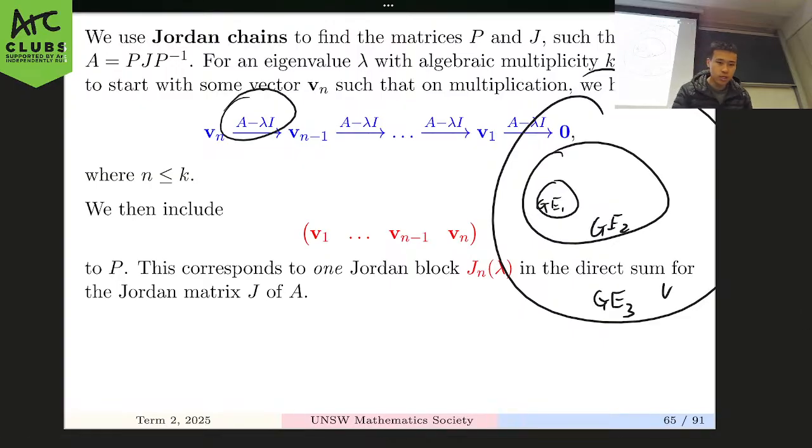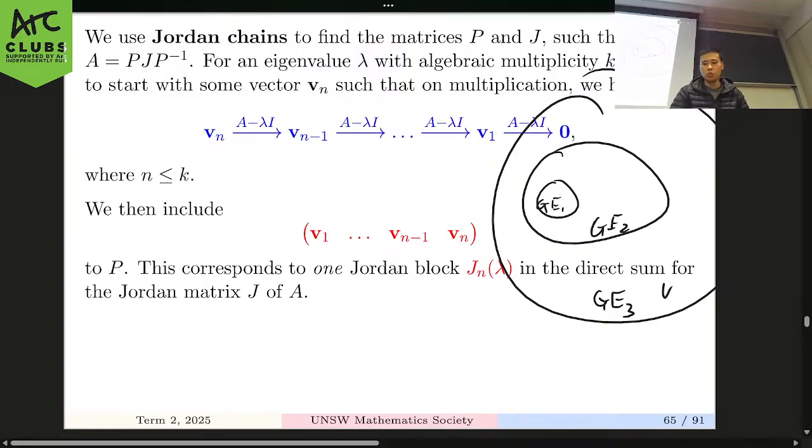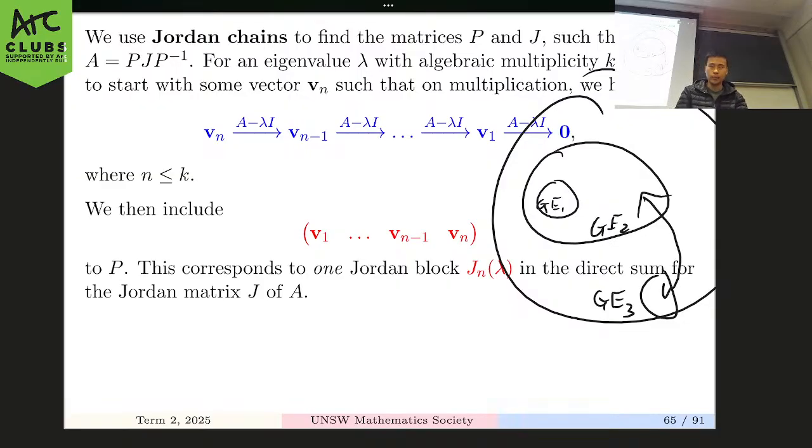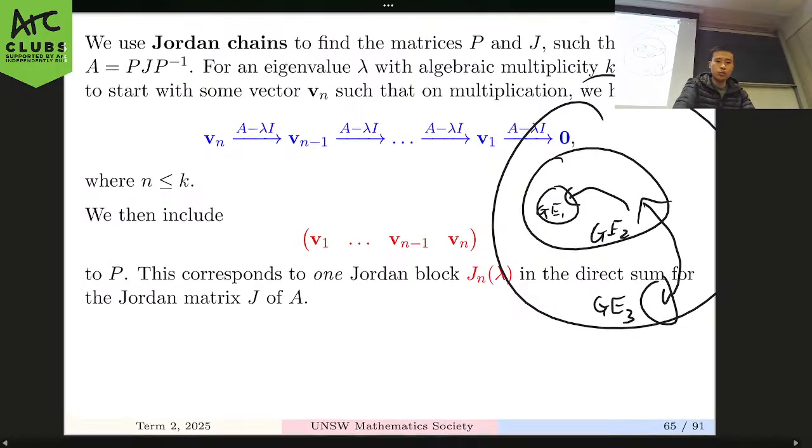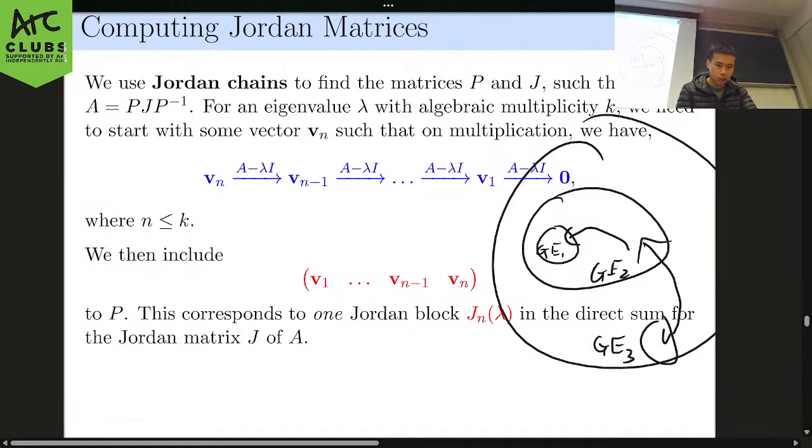If we do this process here, then how the Jordan chain works is it will send this vector into the GE2 space. If you do it again, you get sent to the GE1 case, which is just the usual eigenvector. And then when you multiply that again, that is when it's going to go to 0. So that's the visual way to represent Jordan chains, as written here.